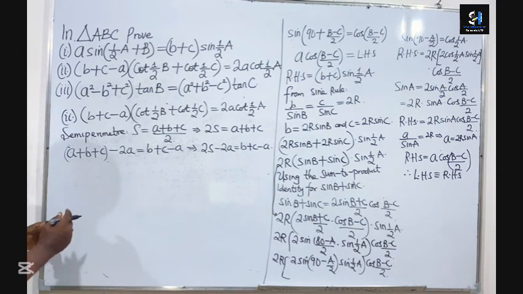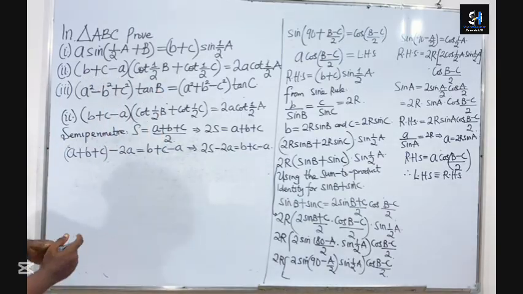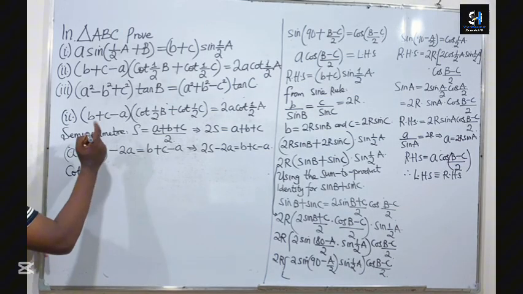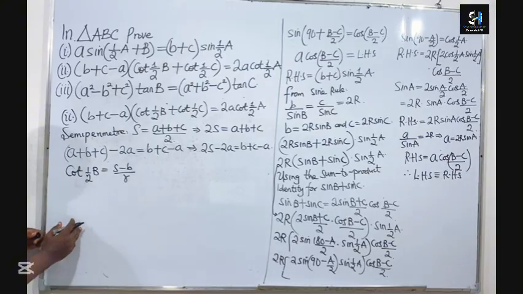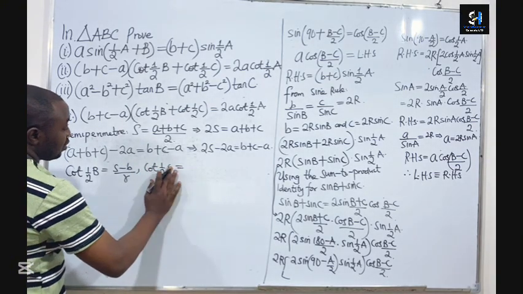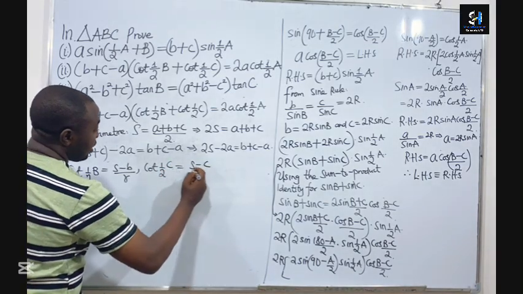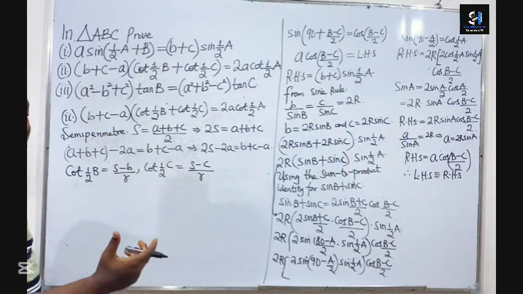So what I will do is use the inradius formula: cot 1/2 of B will be equal to (S minus B) over R, and also cot 1/2 of C will be equal to (S minus C) over R. Let's not forget that S represents the semi-perimeter.